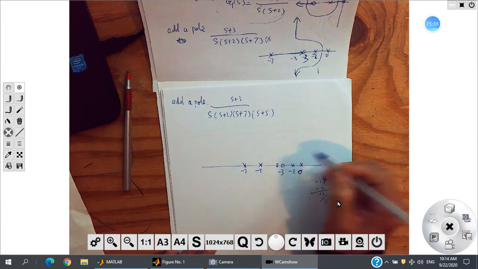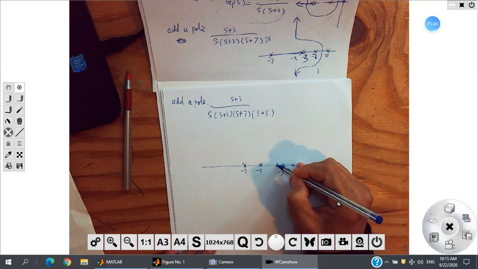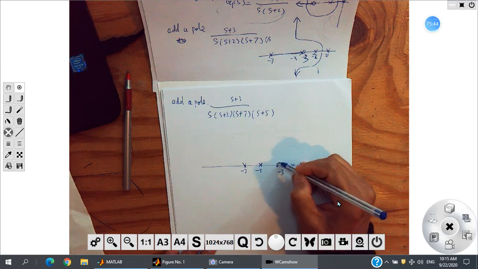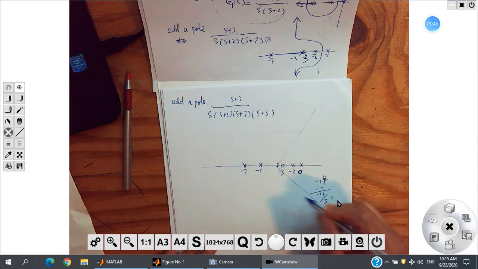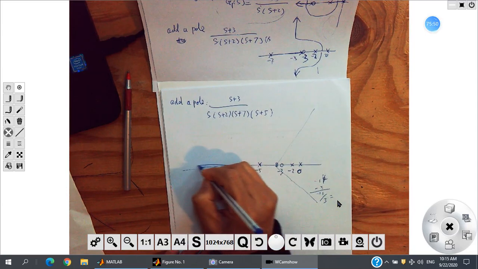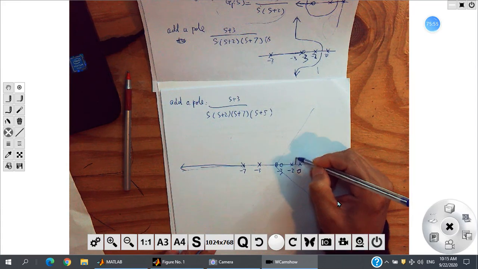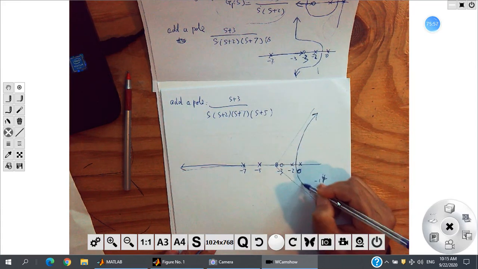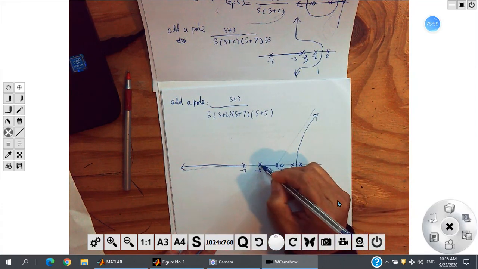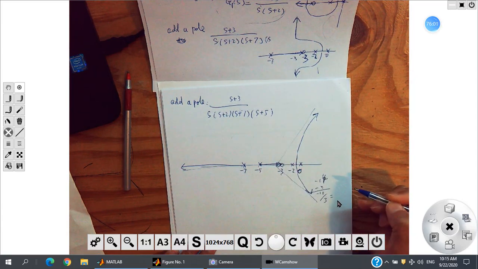So 3 directions. One goes to here, one goes to here, and one goes to here. The one going in this direction should be this one, and these two most possibly look like this, and here will be another path. So the root locus looks like this.